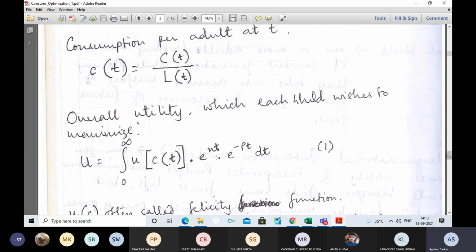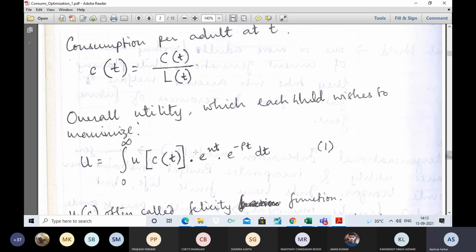It represents the adding up of all utilities or utils for all family members taken together who are alive at time period t. And e to the power minus rho t basically involves the rate of time preference, which is rho being positive, rho being greater than 0. So a positive value of rho basically means that the utils are valued less the later that they are received. The later utils would be received, the lesser their value would be.